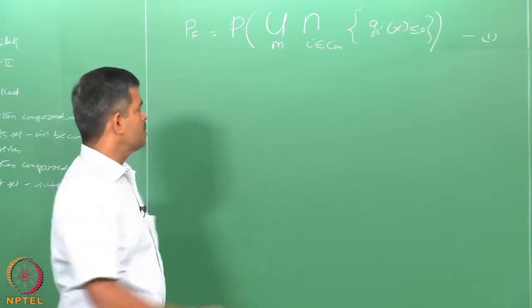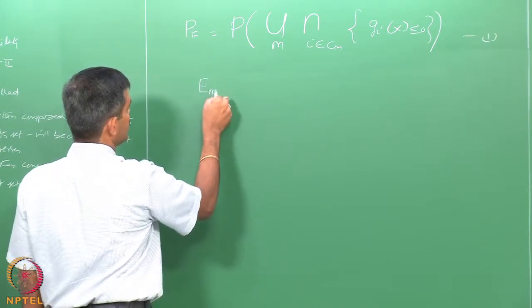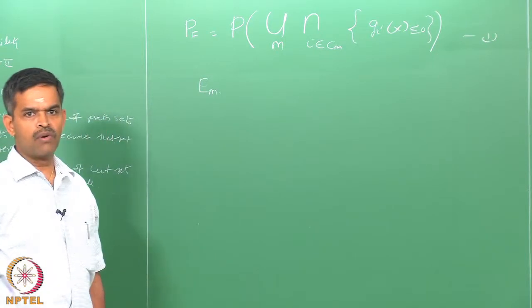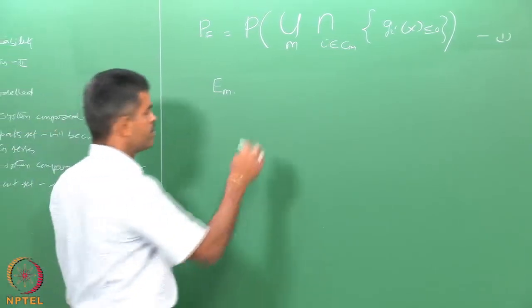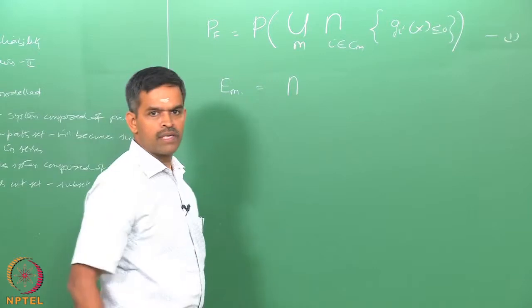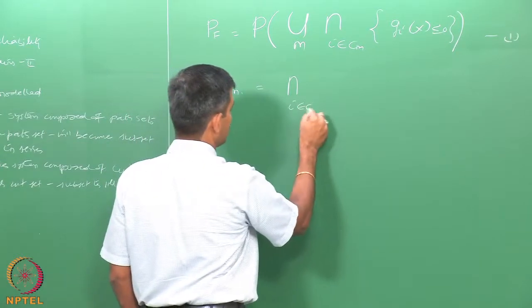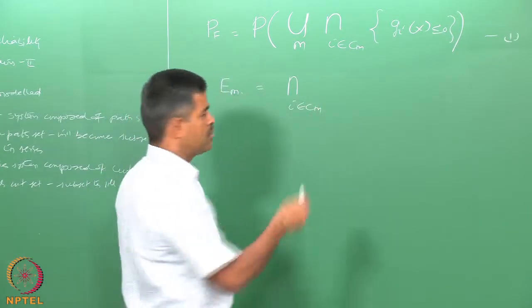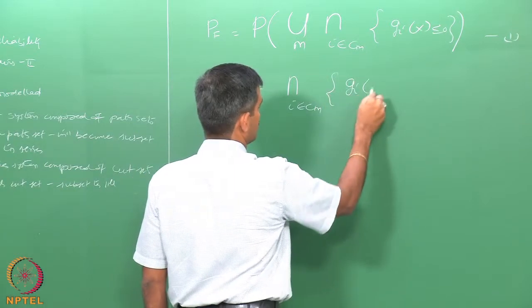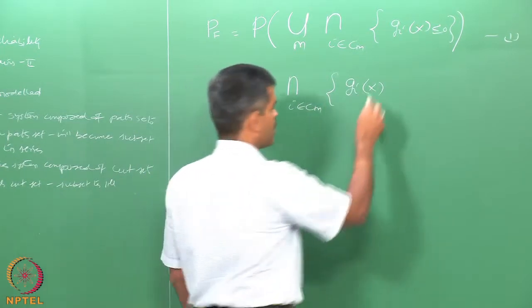Now, we would like to know that Em is going to be the corresponding event, which is the intersection over i element of Cm of G of x less than or equal to 0.